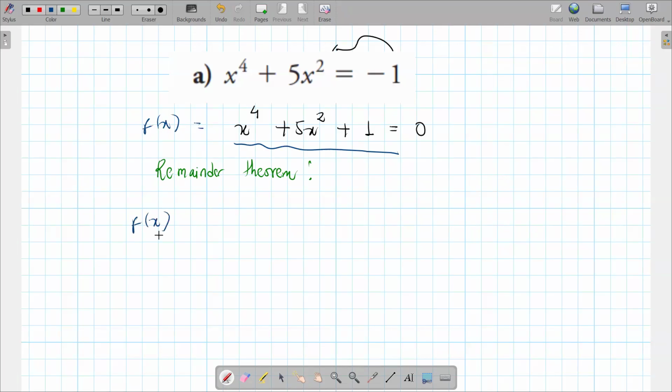The remainder theorem says f of x is divisible by a divisor, and the divisor is going to be linear, in this form: x minus a, if f of a equals 0. This is a combination of the remainder theorem and the factor theorem.